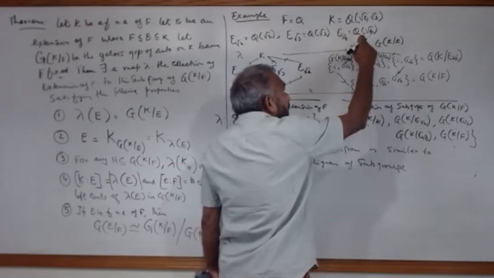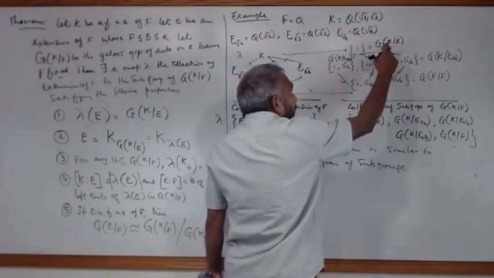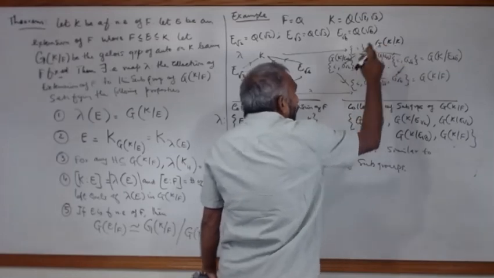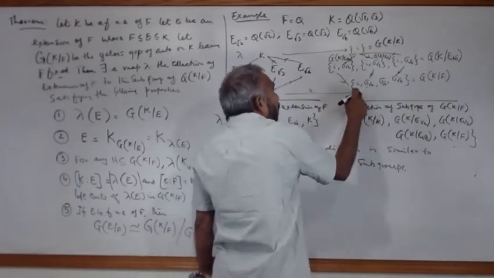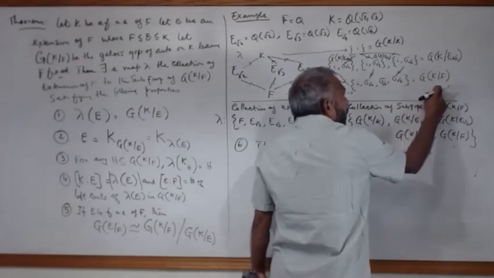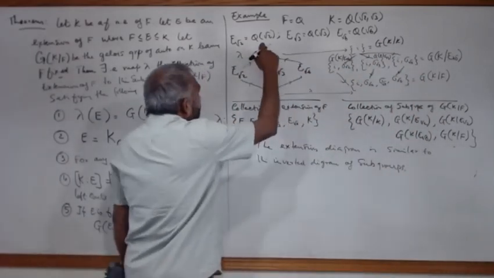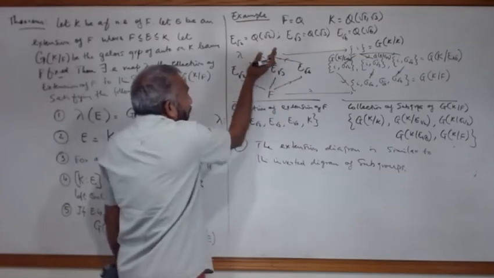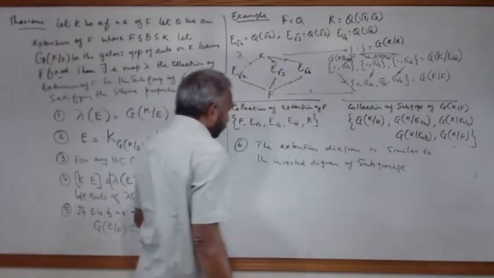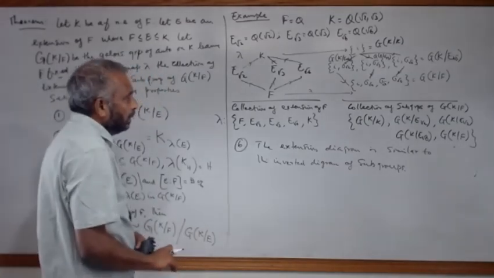It's the smallest subgroup of G of K over F. And the whole group is coming here. So it's actually an inverted diagram. This goes bottom to top, this goes top to bottom. And that is the last result.